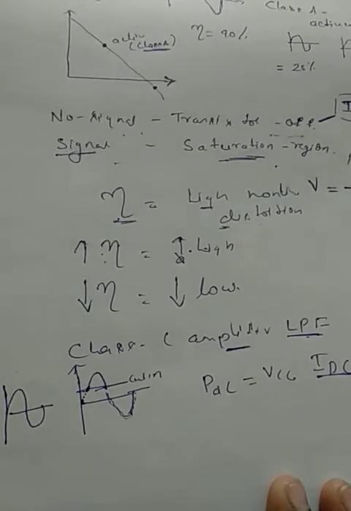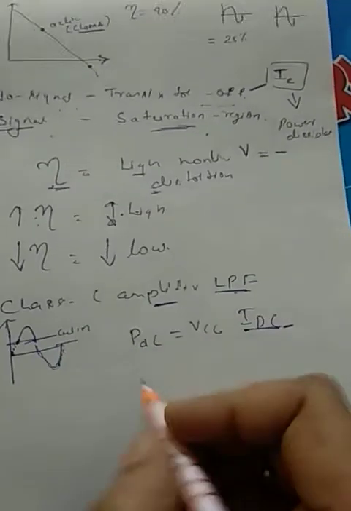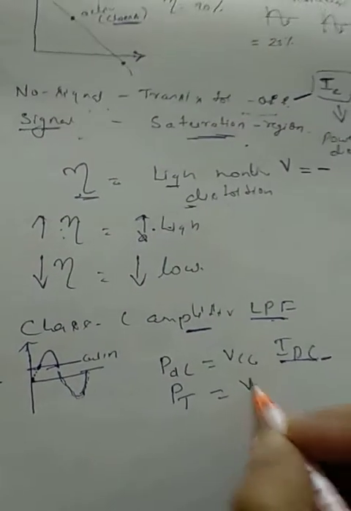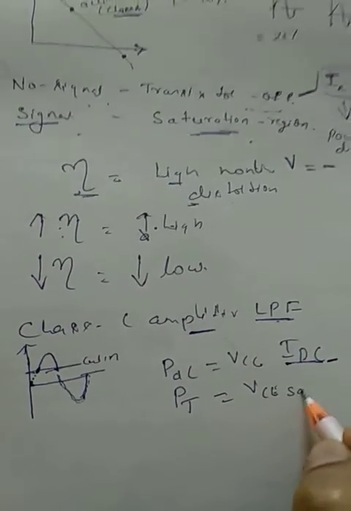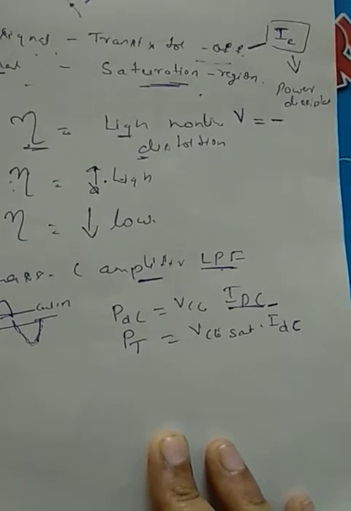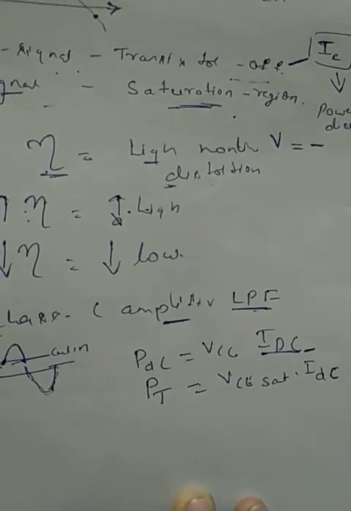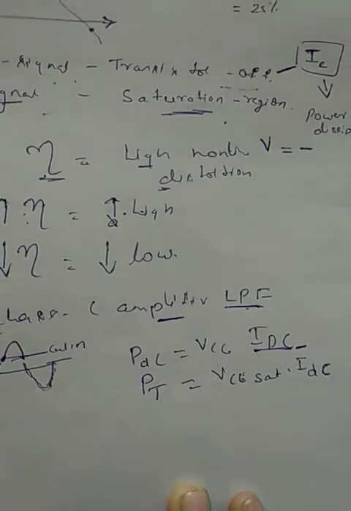The power dissipated by the transistor is given by VCE, when it is operating in the saturation region, and IDC. Since we have a capacitor at the output, the same current will flow through the transistor.